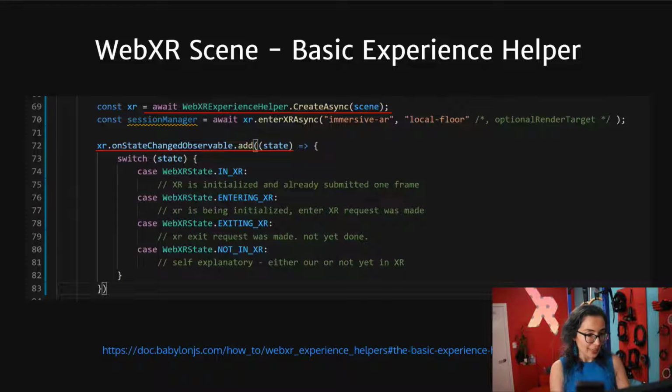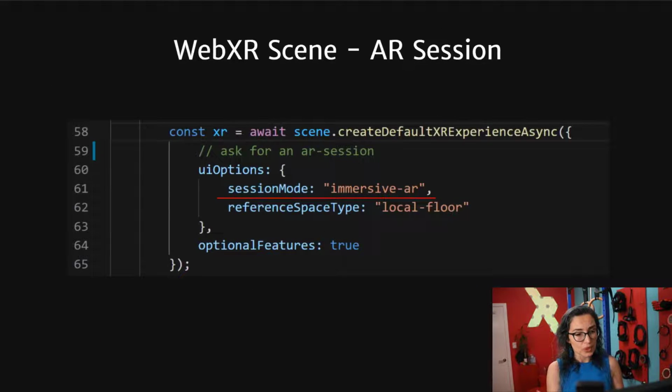One thing that you get extra with the basic experience helper is an observable, which you can use to define different states of the WebXR. As mentioned, we have to check the capabilities of the devices that we are serving to, and depending on the capabilities, we could start a VR experience or AR experience or stay in a 3D mode.